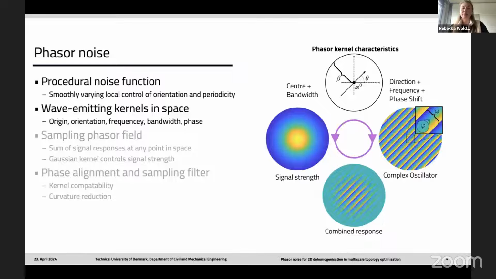The parameterization is based on a finite set of phasor kernels, where each phasor kernel is defined by its location in space, as well as the orientation and frequency of this wave-type signal that is emitted from this kernel in space. And the signal strength is dampened by a localized Gaussian kernel.